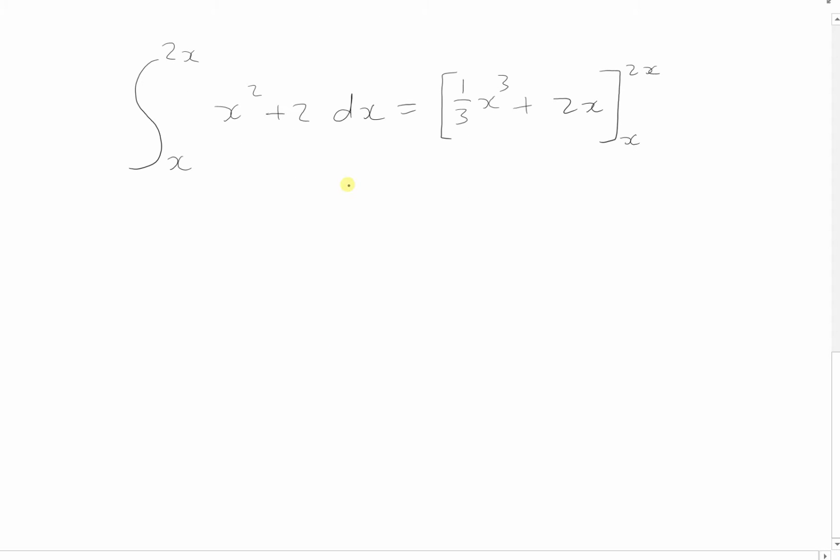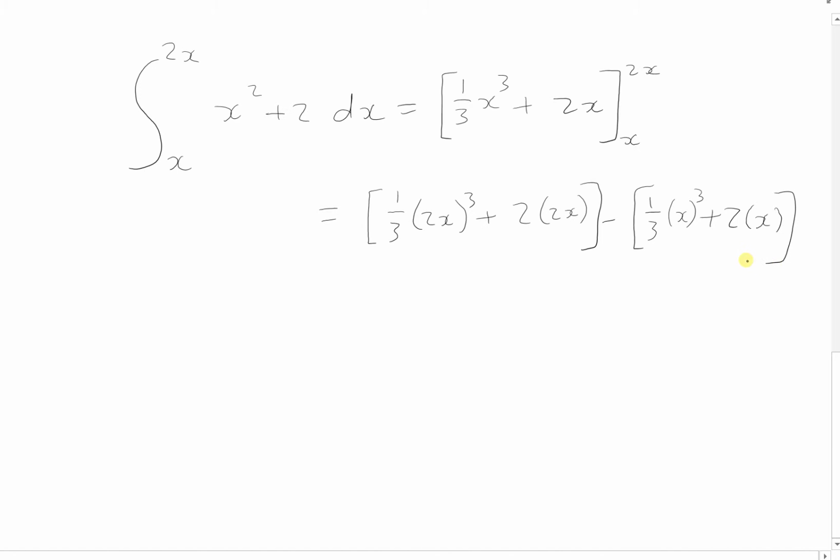So what's going to happen here is I'm going to be plugging in 2x for wherever I see an x. So it's going to be 1/3 times (2x) cubed plus 2 times 2x, minus 1/3 times x to the third power plus 2 times x.